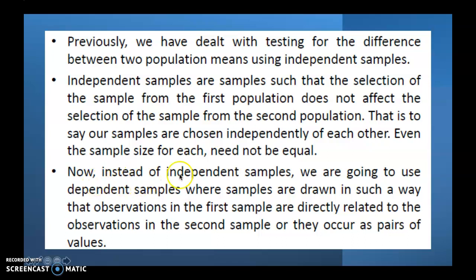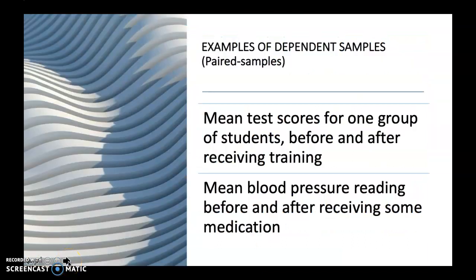Now, instead of independent samples, we are going to use dependent samples, where samples are drawn in such a way that observations in the first sample are directly related to observations in the second sample, or they occur as pairs of values. These are examples of dependent samples, or paired samples.